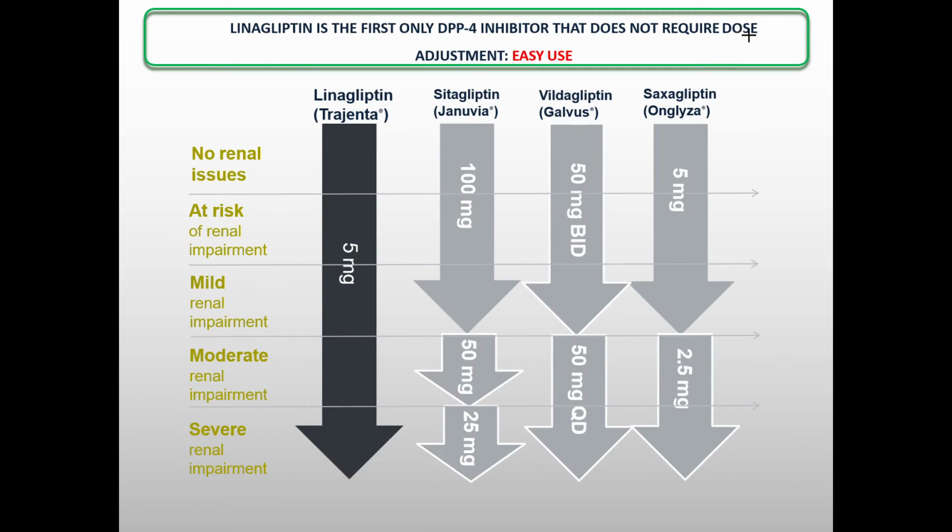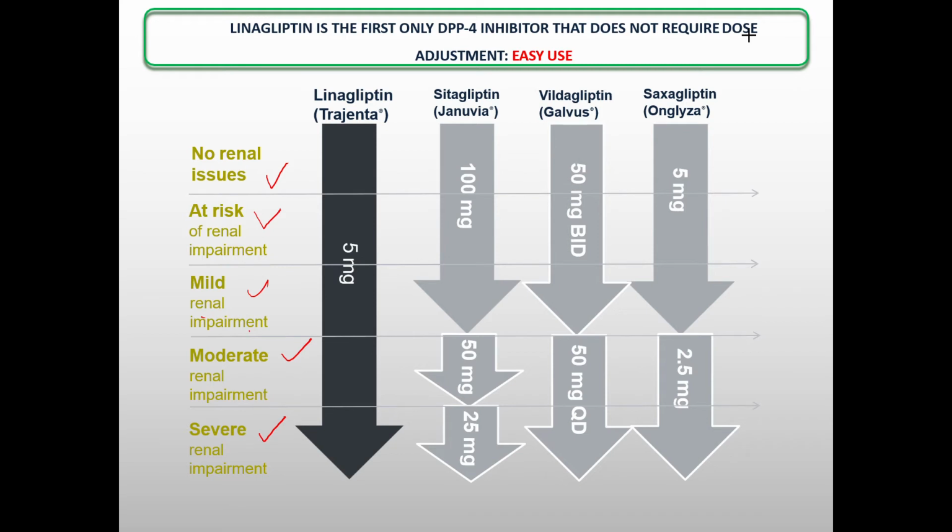Now this is about linagliptin. Linagliptin is the only DPP4 inhibitor that does not require any dose adjustment in renal failure. As we can see, linagliptin can be given in mild renal impairment, moderate renal impairment, severe renal impairment, at risk of renal impairment, and even if the patient has no renal issue, linagliptin can be safely given.